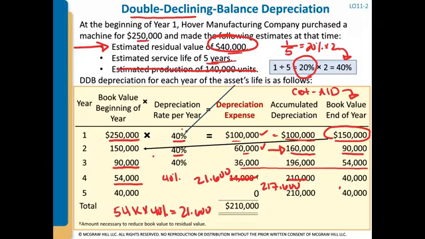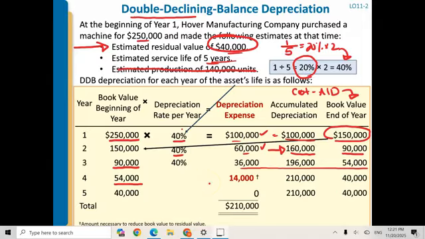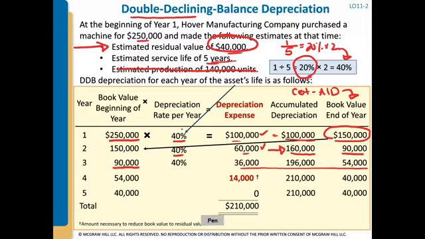So let's just erase this and see what it should be. We're in year four, at the beginning of the year book value is $54,000, and this $14,000 is the maximum amount of depreciation expense that can be taken such that our ending book value will not go below $40,000.